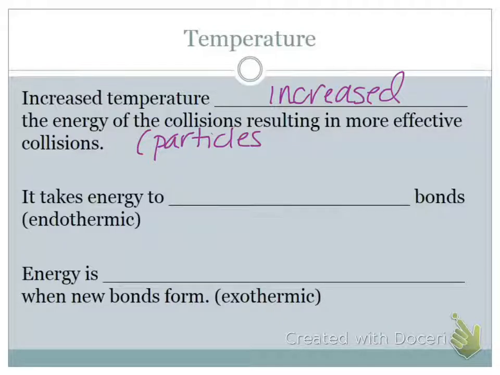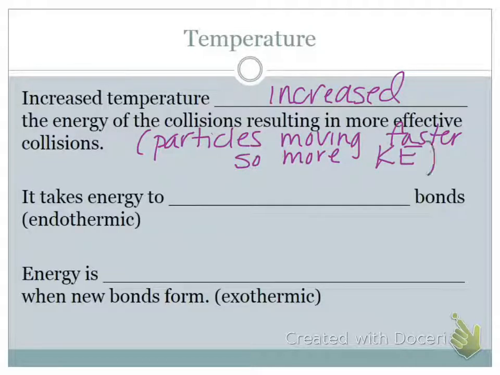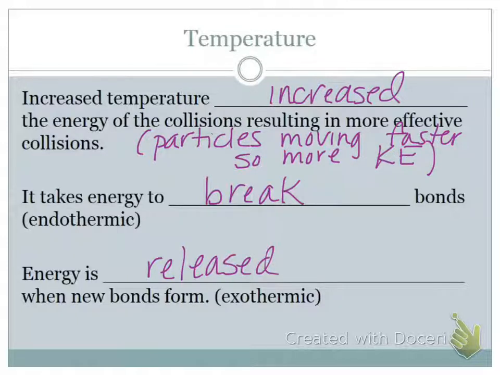So the particles are moving faster, so they would have more kinetic energy. Okay? When we talked about those graphs a while ago, remember it takes energy to break the bonds, which is endothermic, and energy is released when the new bonds form, and so it would be exothermic. So breaking the bonds is endothermic, forming the bonds is exothermic.